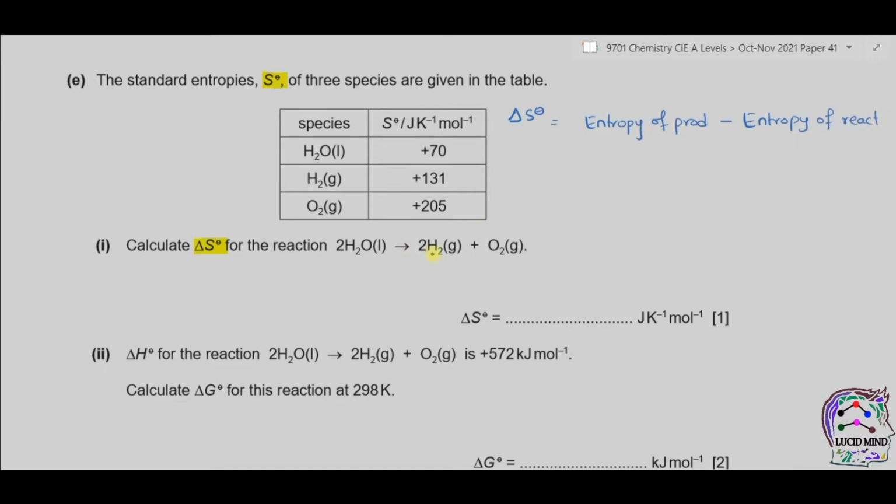Now in products we have 2 moles of hydrogen gas and 1 mole of oxygen gas, minus entropy of reactants. In reactants we have 2 moles of water.